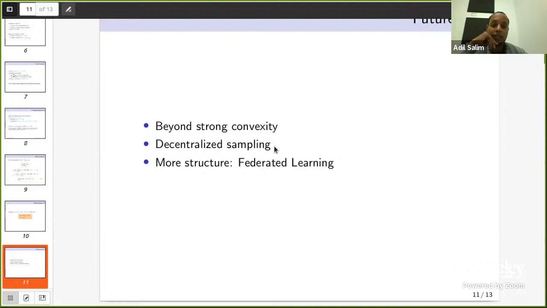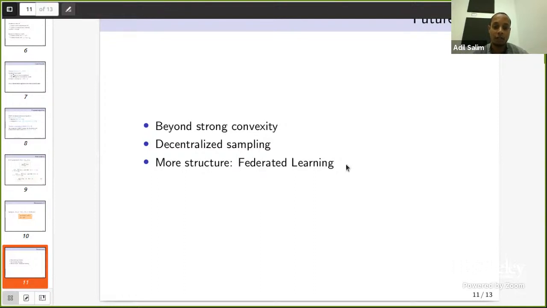So an interesting direction would be to study decentralized sampling problems. And finally, I said that we obtained an optimal algorithm for the problem, which is true, but in practice, the problems have more structure. So perhaps we can do better by specifying the structure of the problems and the algorithms that we want to study.